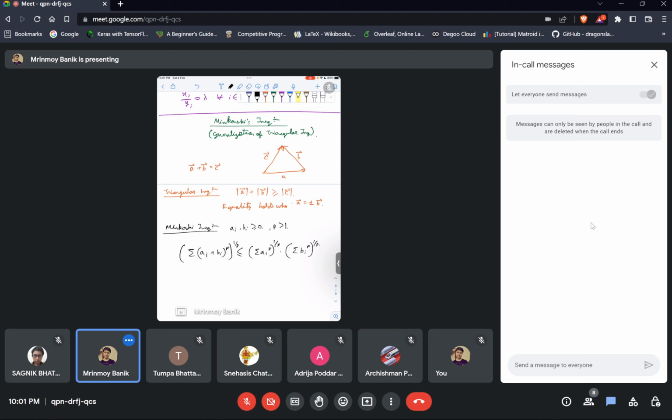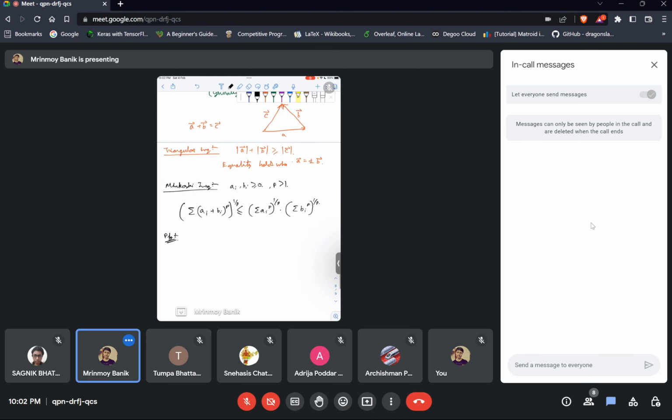Okay, so now the proof. We can use Holder's inequality for proving this one. First, look at this term, ai plus bi to the power p.